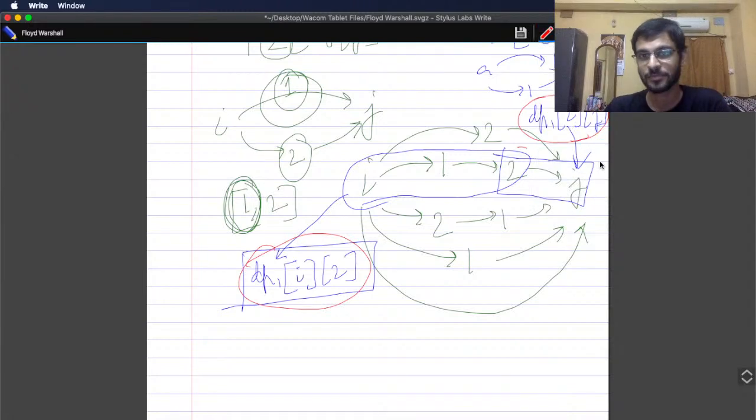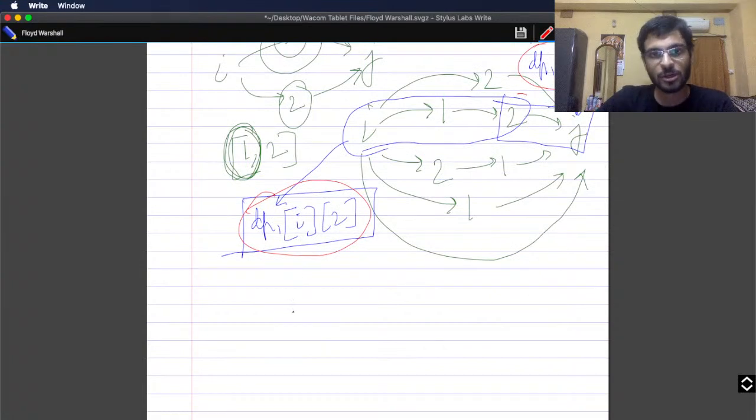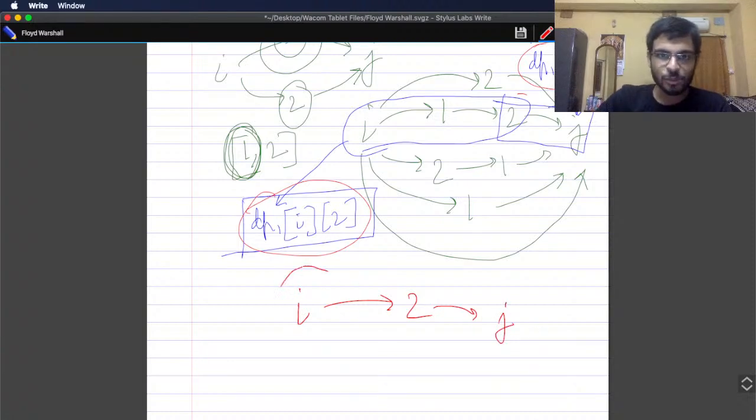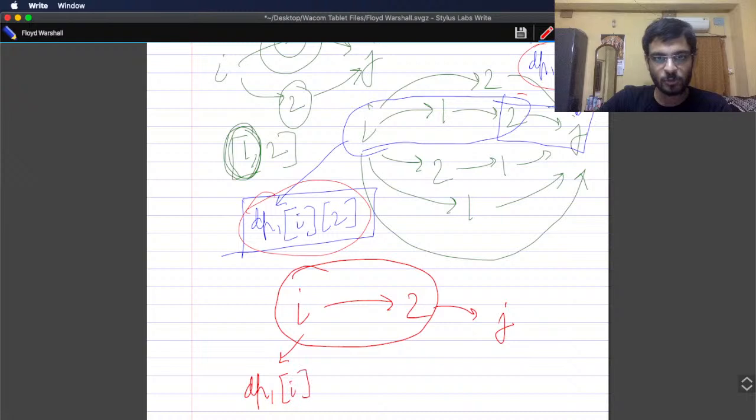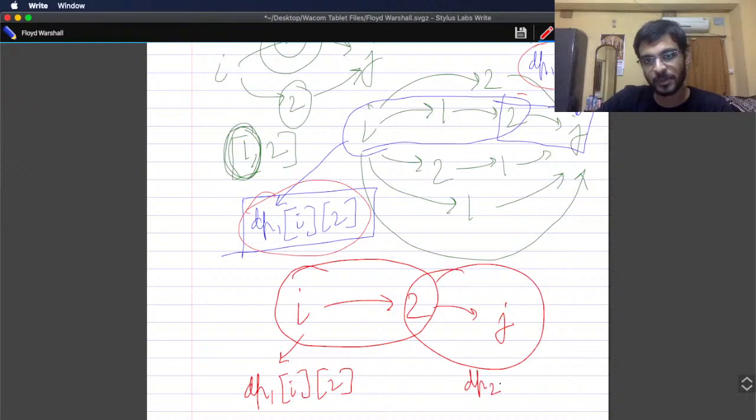This is the idea. Now suppose, on the contrary, you're looking just for i to 2 to j. If this is the shortest path, that means this has to be the shortest path for i to 2, hence this will be stored in dp1 of i to 2. And this is again the shortest path for 2 to j, so this will be stored in dp1 of 2 to j.